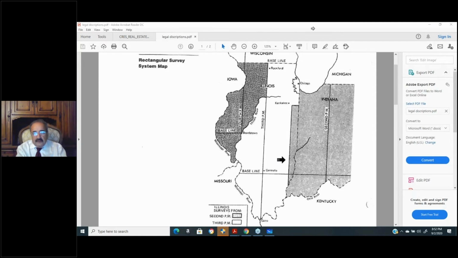Now I gotta get rid of this thing because I gotta get rid of my picture. Nope, didn't do it yet. Hold on a second. Let me get rid of this arrow. See if that did it. Nope. Give me 1 second.